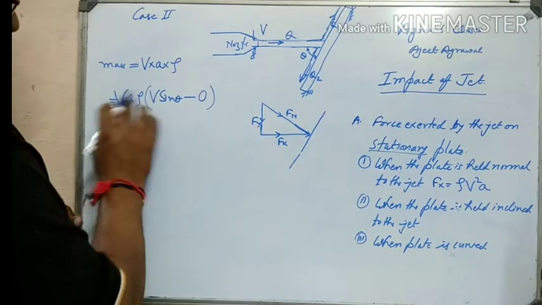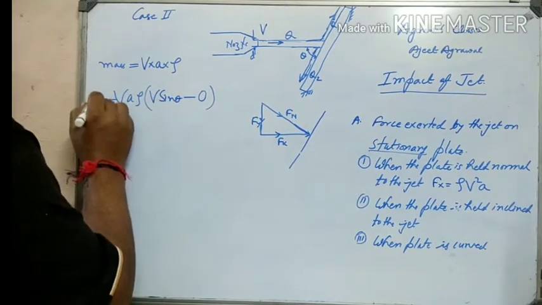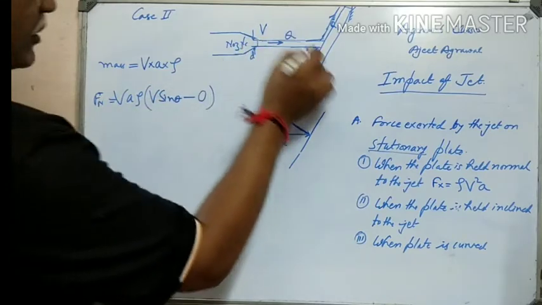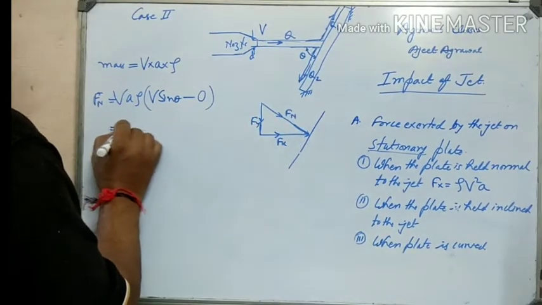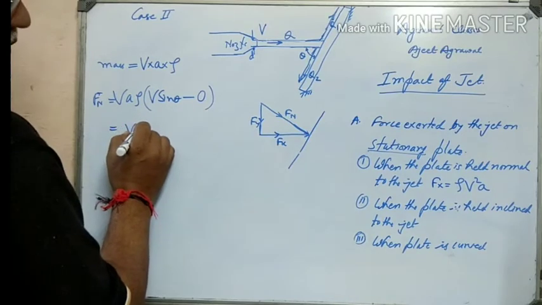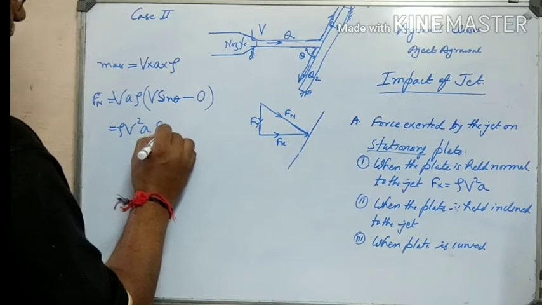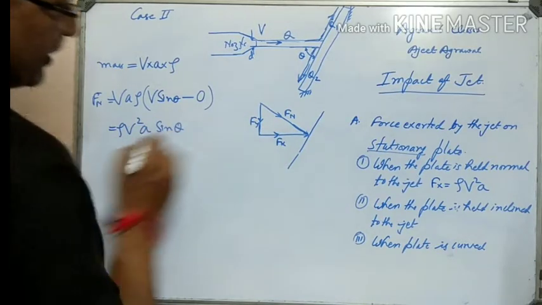This will be the change in momentum, and that will be equal to the force in the normal direction. So this will come out to be rho V square A sine theta in the normal direction.